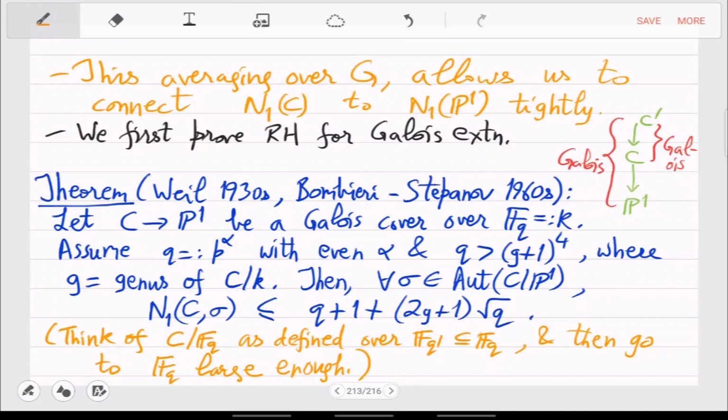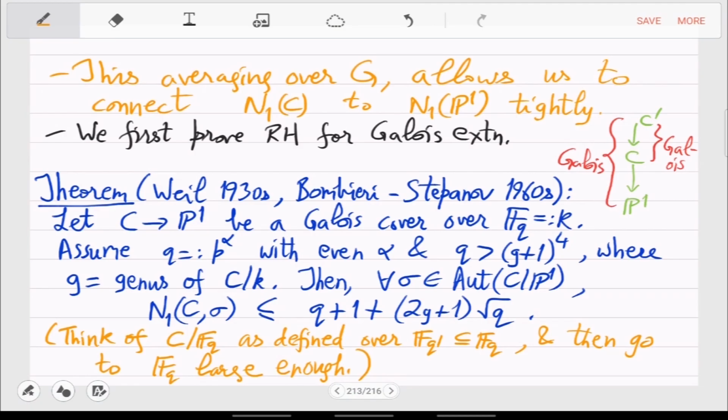So the curve is defined over some small field, say it can even be FP, but the proof may not work over FP. We need a big enough field. So from there, we'll go to a big enough field FQ, which is bigger than the genus like this. It's always possible because wherever you go, whatever field, genus is bounded.